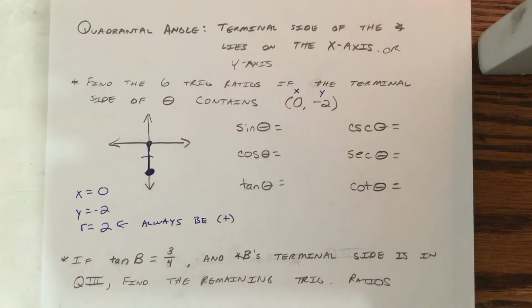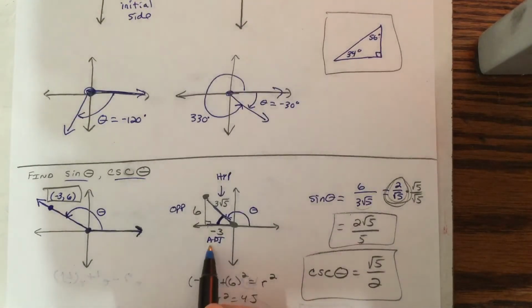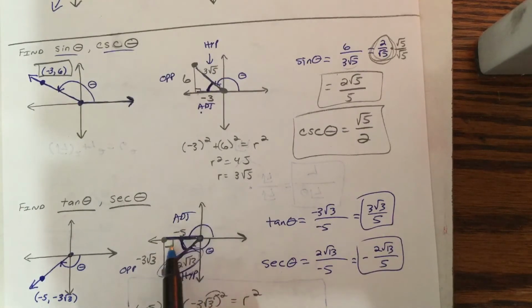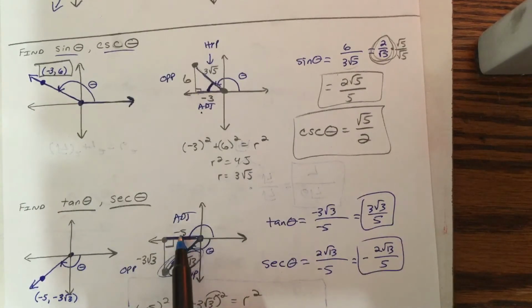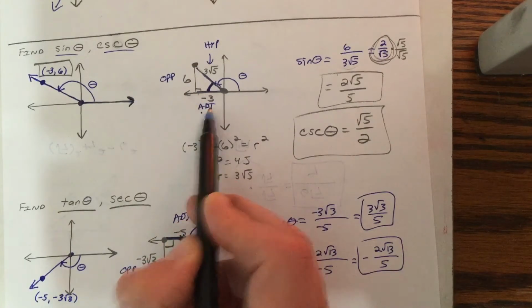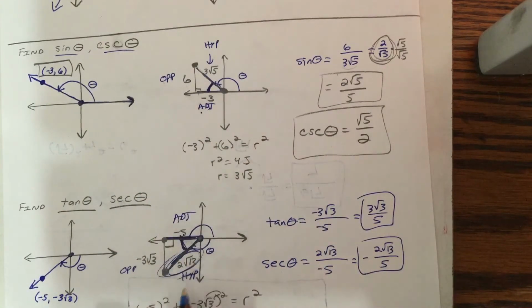Okay, now if we go back to one of the previous problems that we looked at real quickly, you can see that in both of these problems that we had, the adjacent side was the x-coordinate. See how the adjacent side is the x-coordinate? And the opposite side is the y-coordinate.